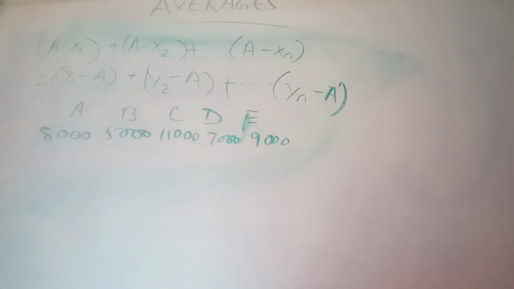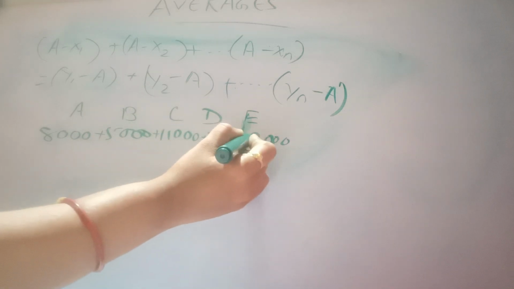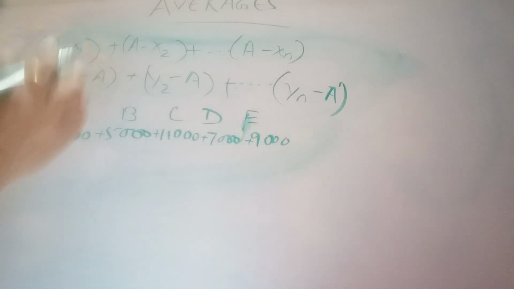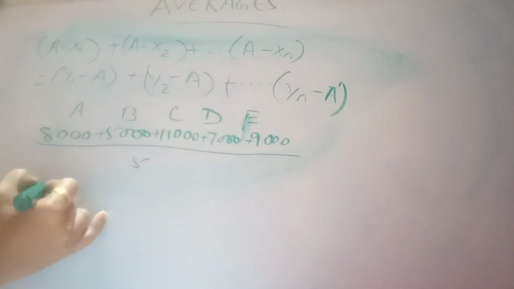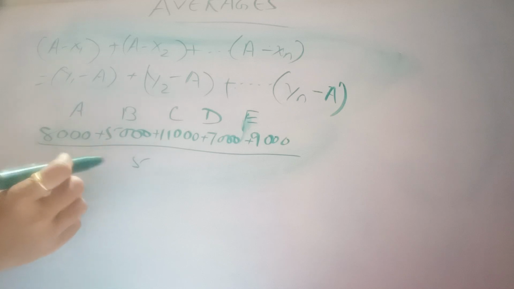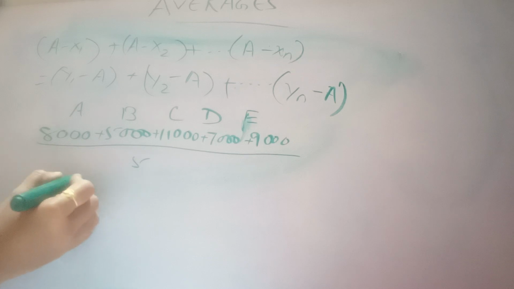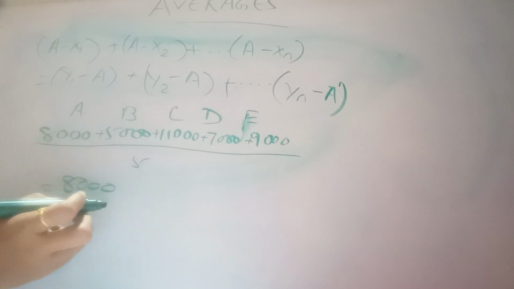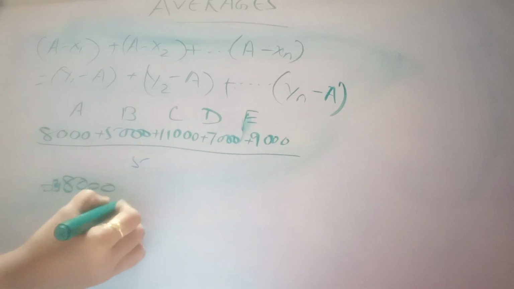Then the average salary of A, B, C, D, E per month is how much? So we'll add all, 1, 2, 3, 4, 5, so divide by 5, will be how much? It will be 8,000. This is the answer.